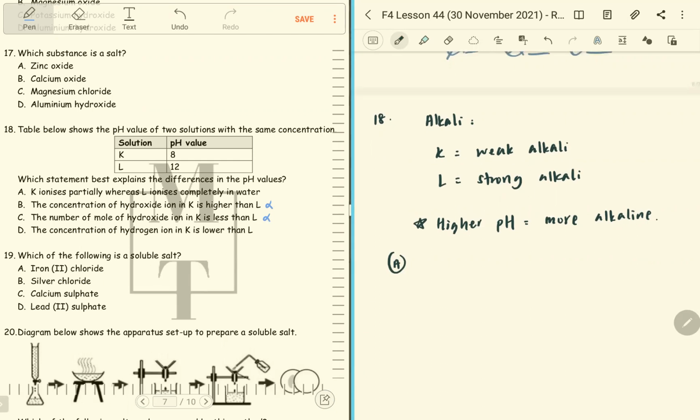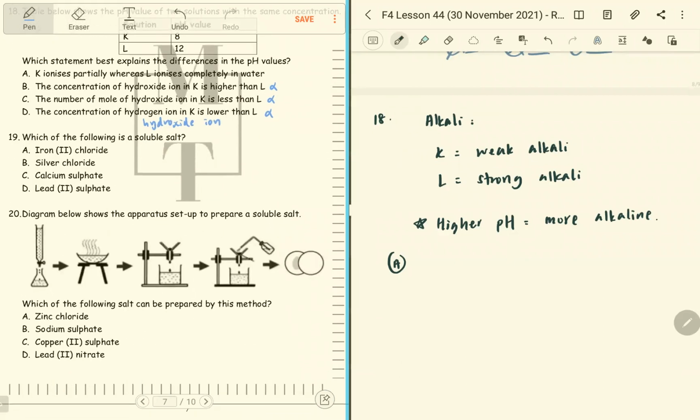And the concentration of hydrogen ions in K is lower. This one doesn't matter because it's wrong. First of all, we are not dealing with hydrogen ions. For alkali, we are always dealing with hydroxide ions. It has nothing to do with the hydrogen. So the answer is A.